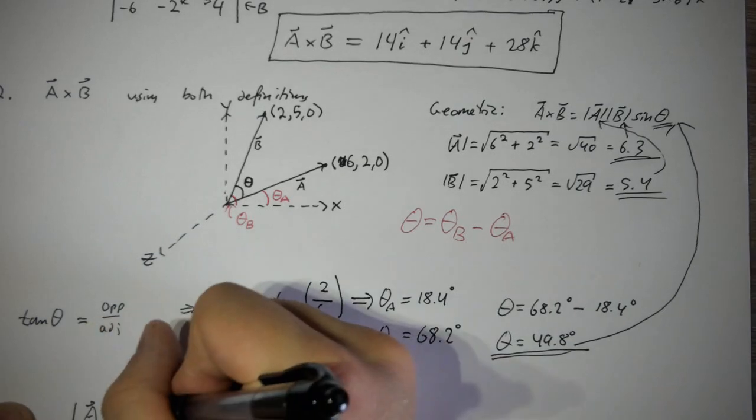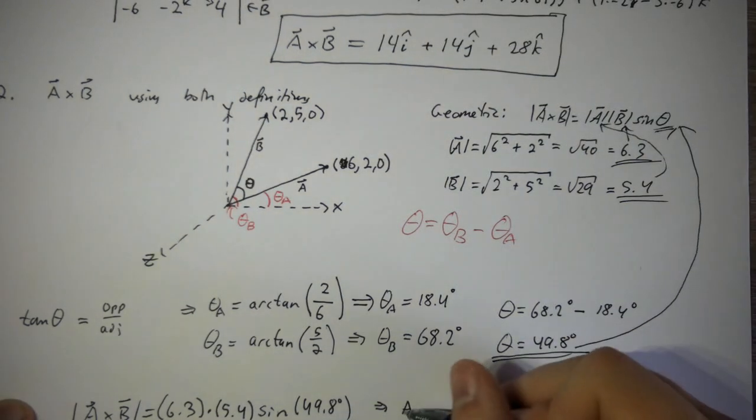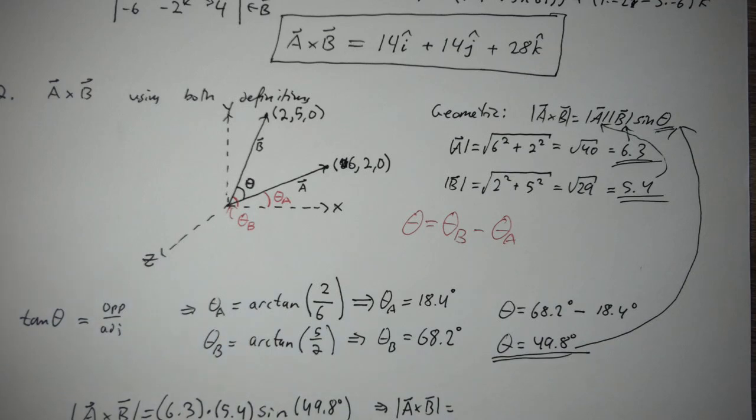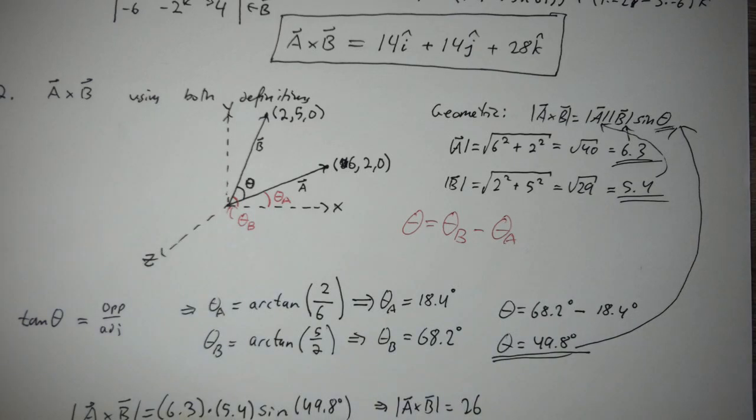And this should be the magnitude because we don't have a direction yet. This A cross B magnitude is equal to, that works out to 26.